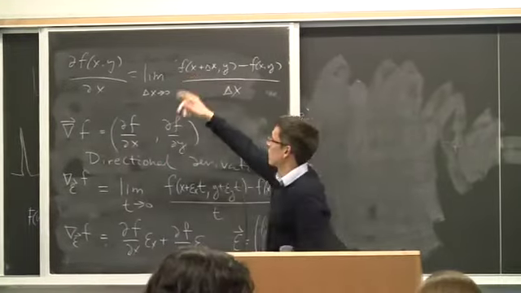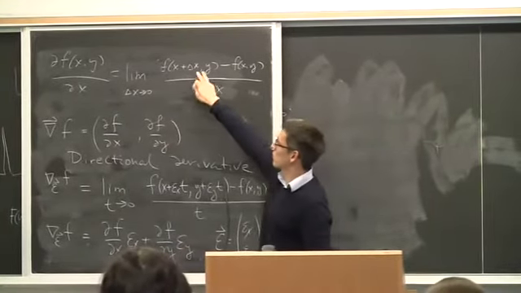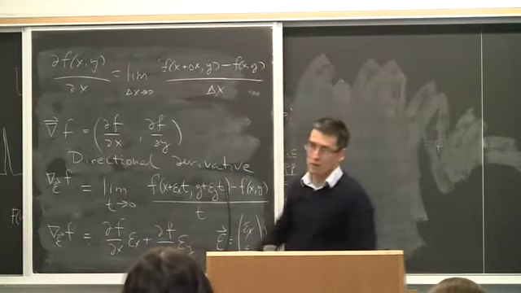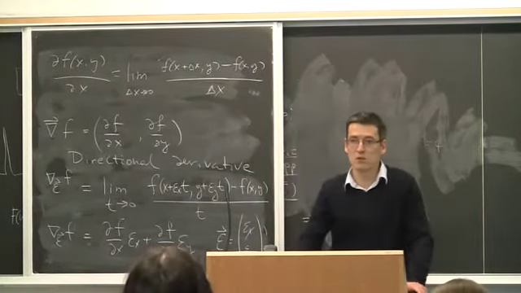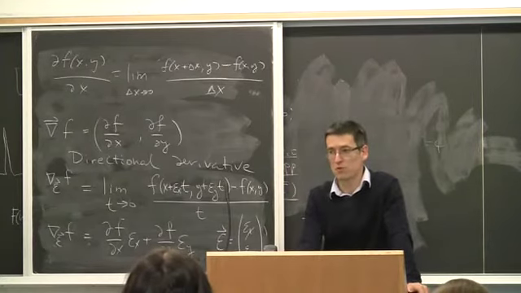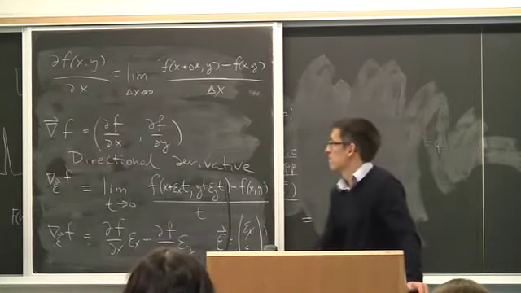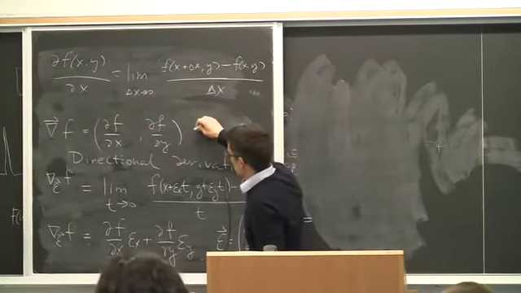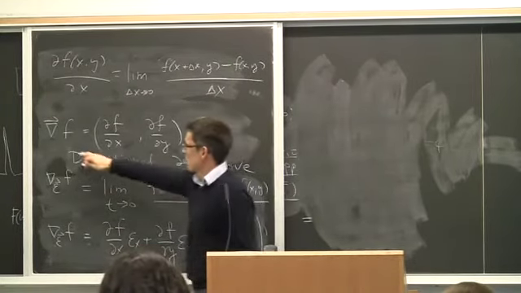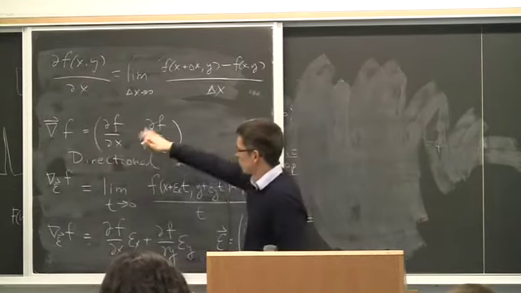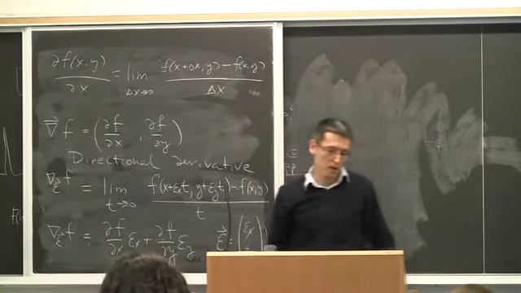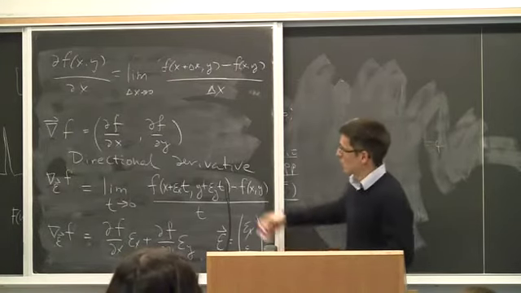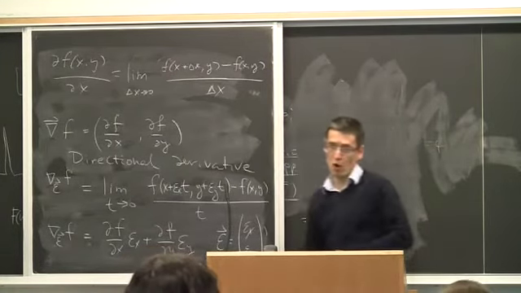You change one variable inside the function of two variables, x and y, and you take this ratio, and then take the limit of delta x going to 0. Then there is the gradient operation that makes a vector out of the two derivatives. That's another possibility, because now you can have the partial derivative with respect to x and with respect to y.